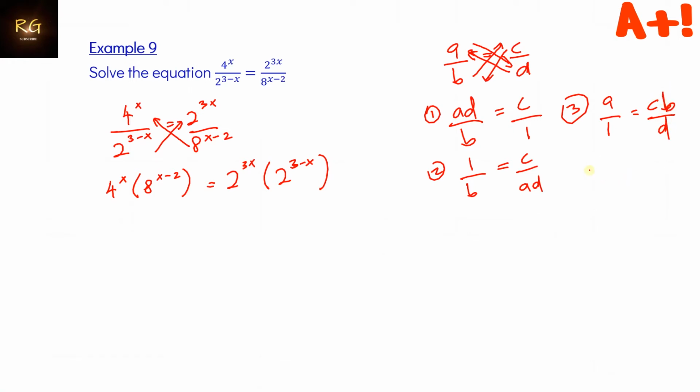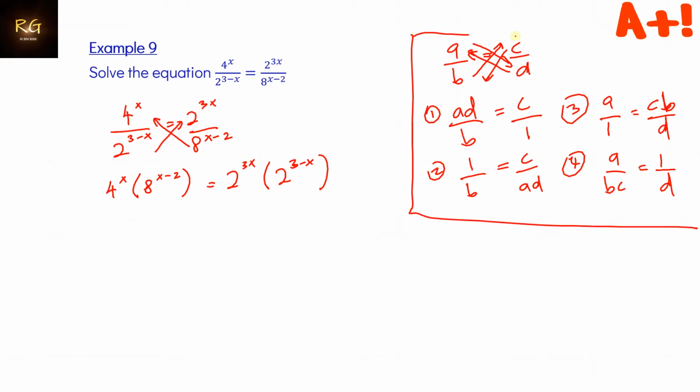Sorry, I made a mistake earlier, but now it makes sense. And in situation 4, you can remove the c and attach itself to b, so a over bc equals 1 over d. I hope you can apply this method to any situation so that you can move around within the fraction to get what you want.